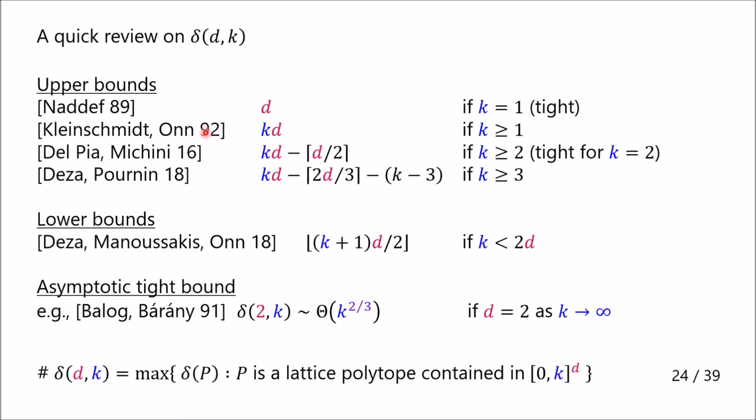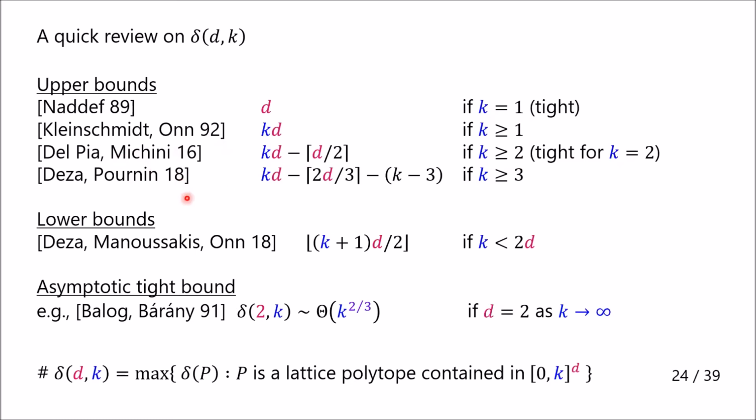And this upper bound was later generalized for any k by Kleinschmidt and Onn. And recently, Del Pia and Mincini refined this bound for k greater than or equal to 2, and showed that it is tight if k is 2. And further refinement is achieved in this paper.